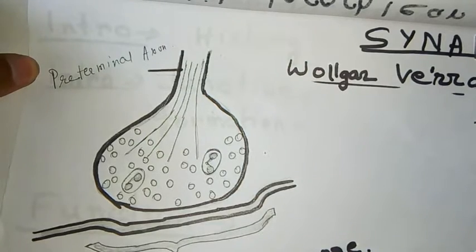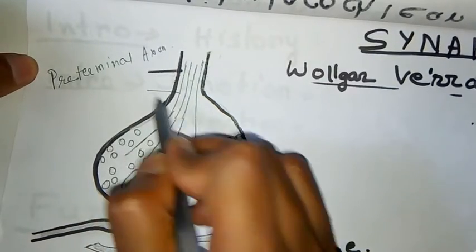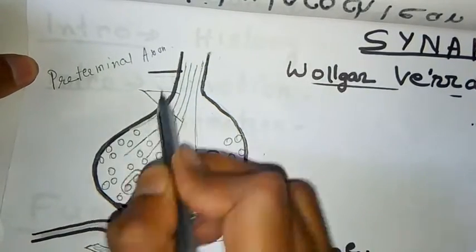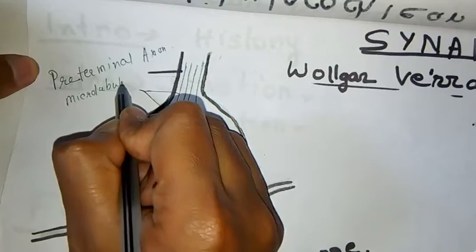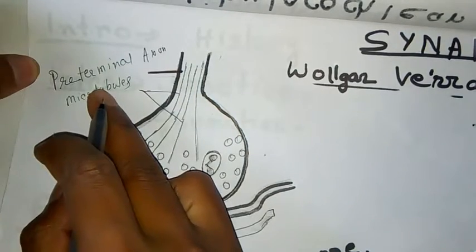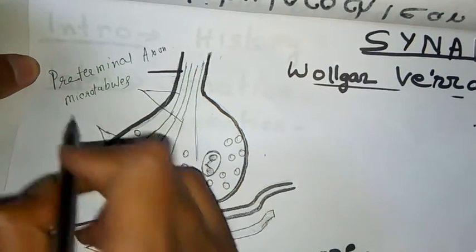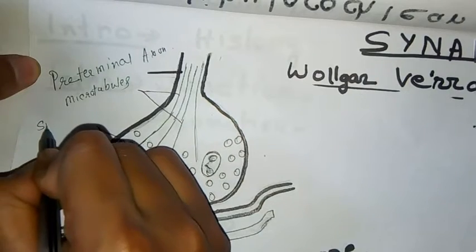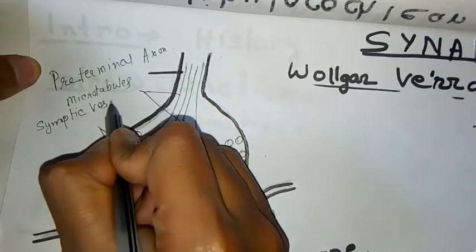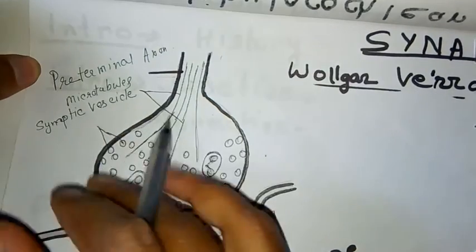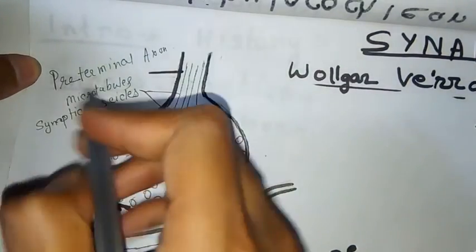These are microtubules. These are synaptic vesicles.